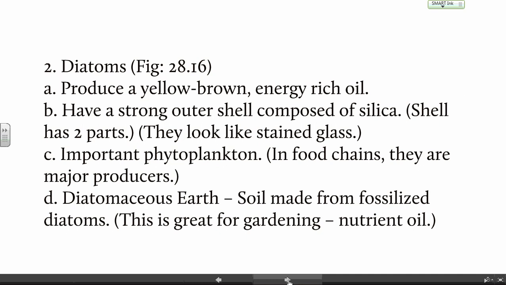But something else you might have noticed: most toothpastes have that gritty stuff in there, right? The gritty stuff in toothpaste are the shells of these things. And it's essentially like sandpaper for your teeth. So they're also used in soils and stuff like that. But what you need to know about diatoms is that they're probably the base of most ocean food chains, and they've got these shells made of silica.